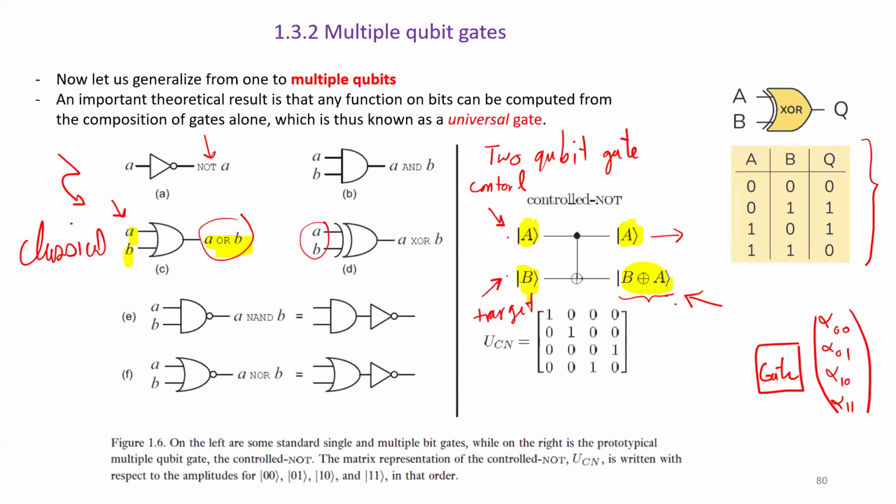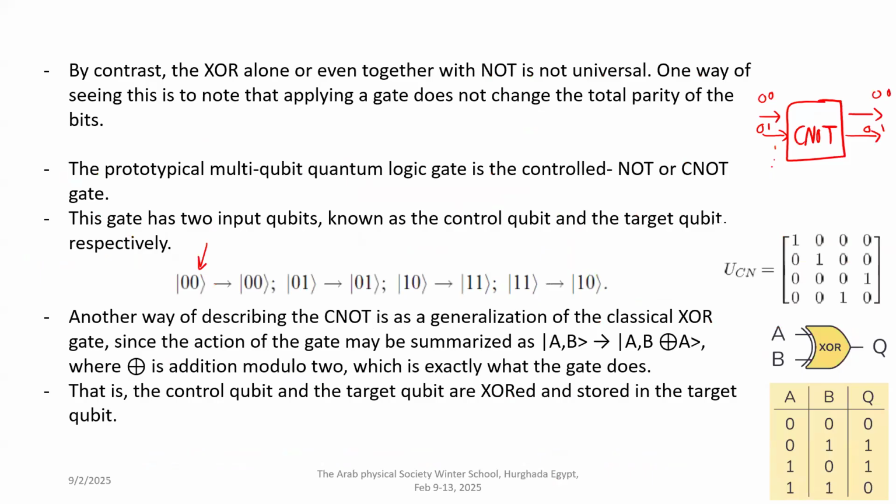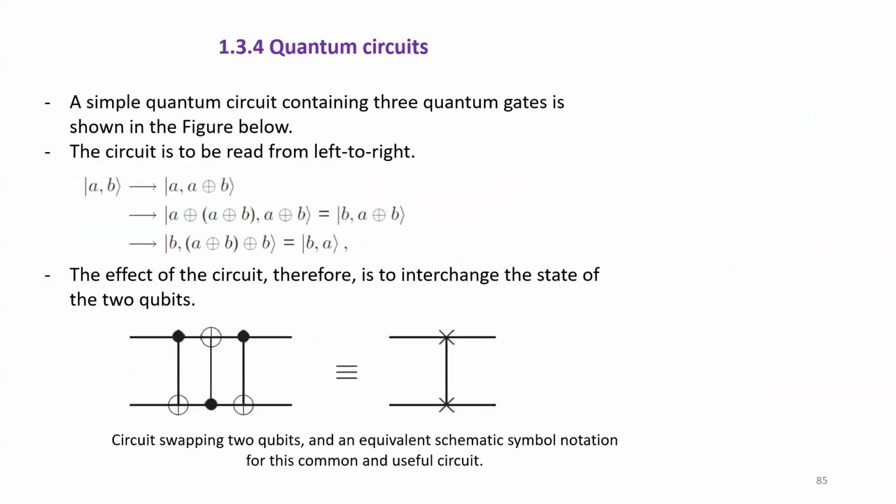So basically, if you look here, this is how the controlled or the C naught gate looks like, and we saw how it works. Okay, now we can start building quantum circuits, which has, for instance, 3 quantum gates.